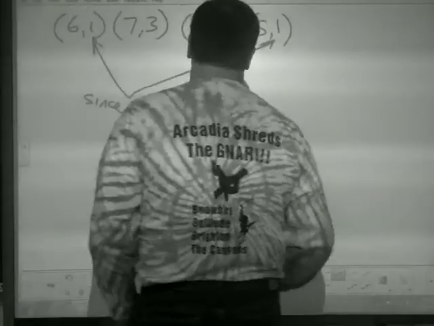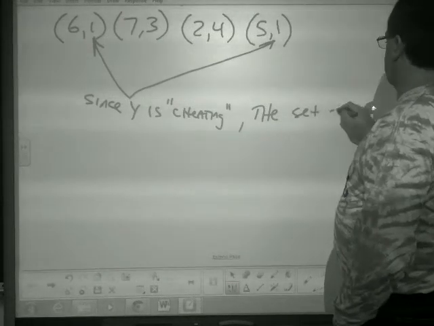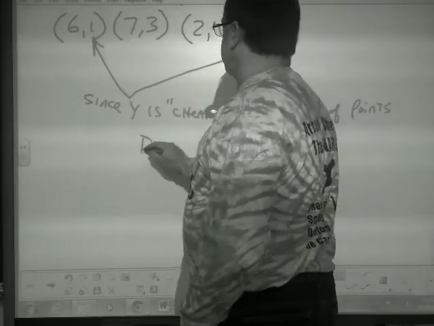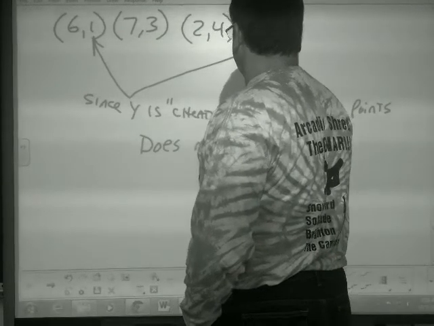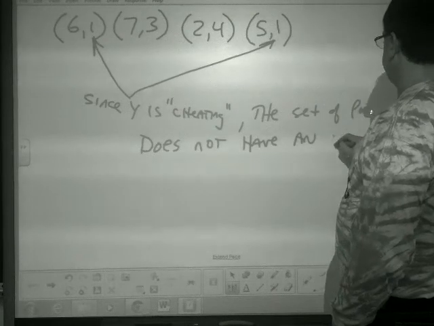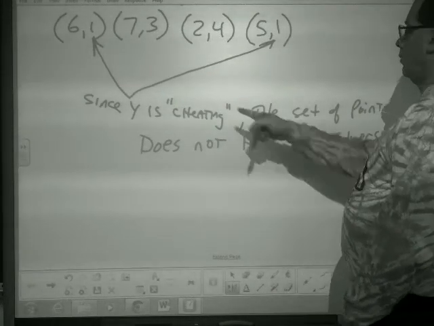Since y is cheating, the set of points does not have an inverse. Y is cheating.